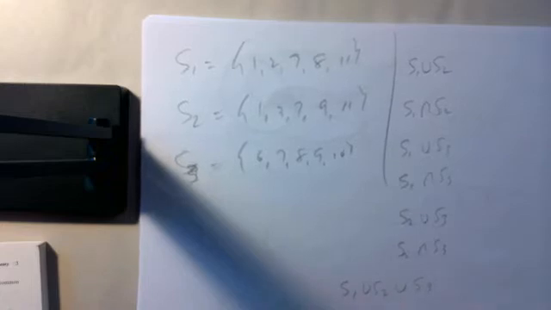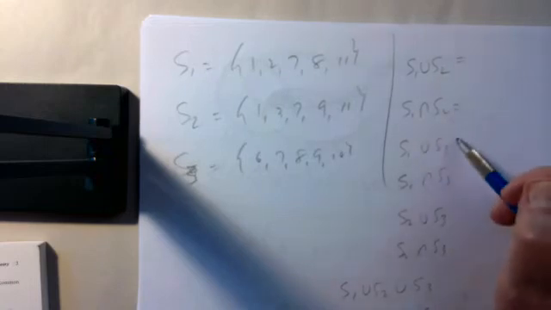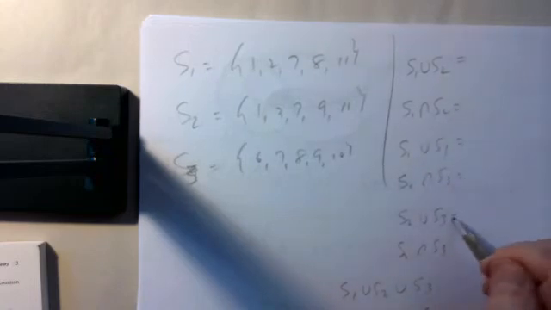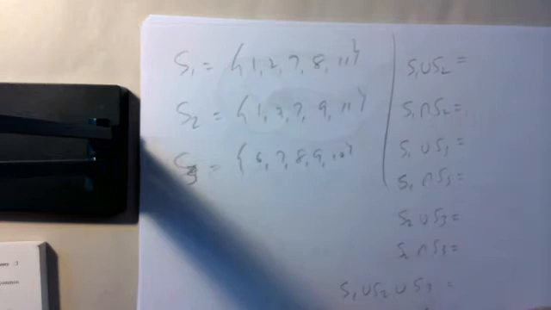S2 intersect S3. S1 union S2 union S3. S1 intersect S2 intersect S3. So take a piece of paper and write down what these sets are.